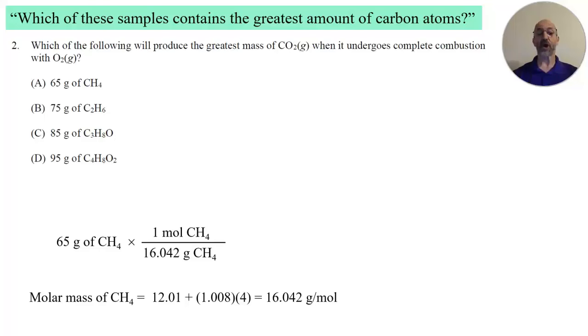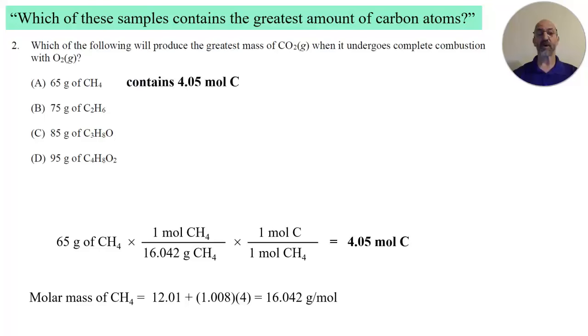Because carbon does not have a subscript in the chemical formula CH4, that would be 1 mole of carbon for every 1 mole of CH4. So 65 divided by 16.042 gives me a value of 4.05 moles of carbon, and I will write that quantity next to choice A.